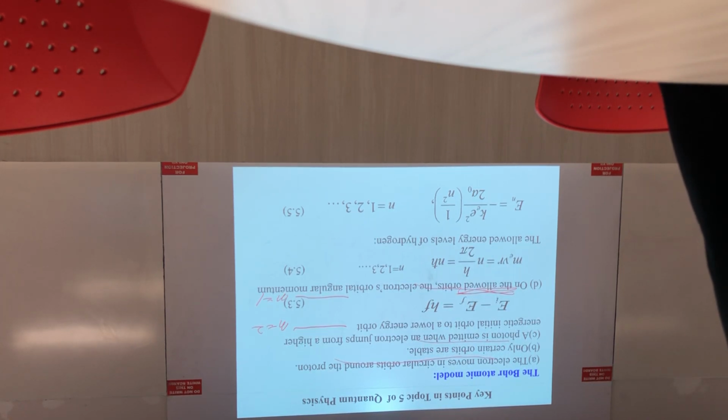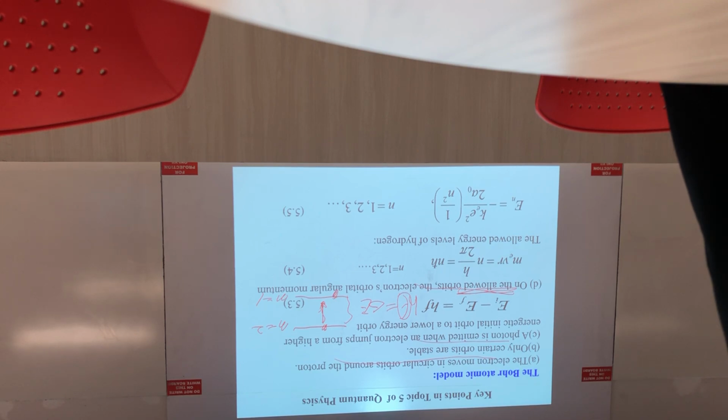The electron in the second level will decay to the lower level, and this energy difference will now appear as a photon. So if we have the emission, this will generate a photon.